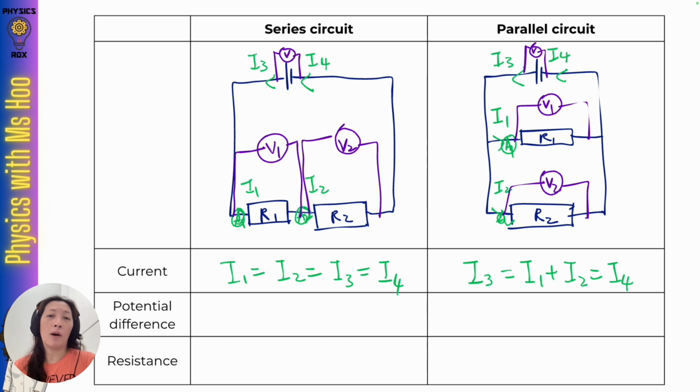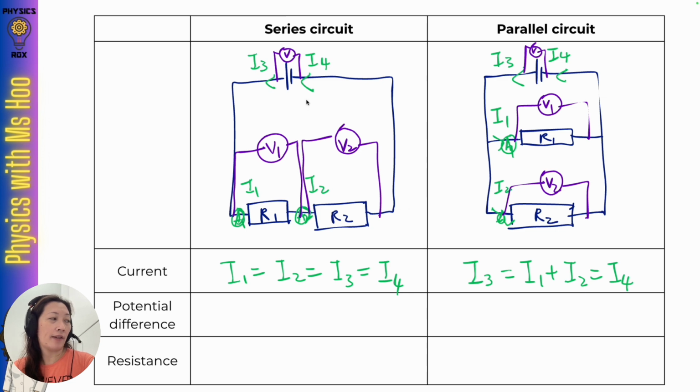Now let's recall what potential difference is. Potential difference is the work done to move one unit charge between 2 points in a circuit. So when you look at the series circuit, you can see here that V1 and V2 are across different parts of the circuit. So V1 is measuring the work done to move a unit charge from this point to this point, and V2 is from this point to this point.